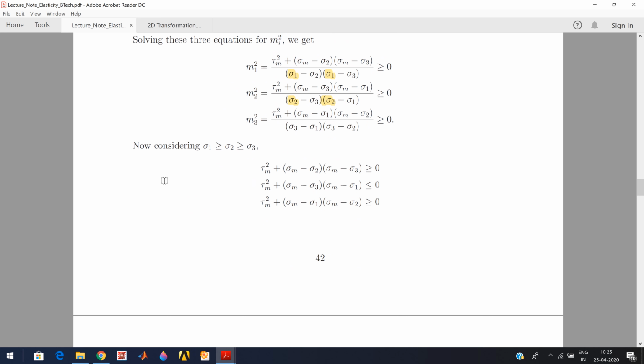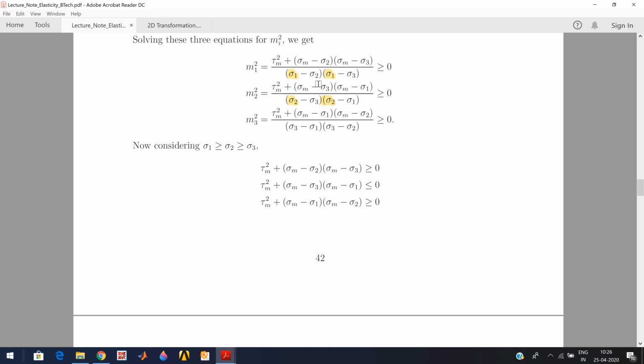So here let us again consider that we arrange these values of the sigmas such that sigma 1 is greater than sigma 2, which is greater than or equal to sigma 3.